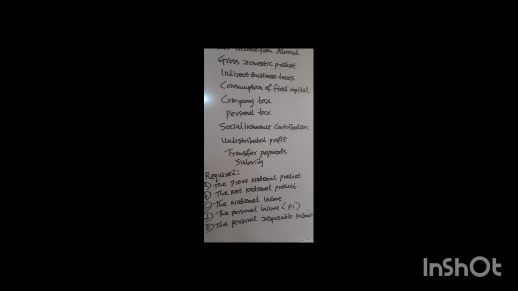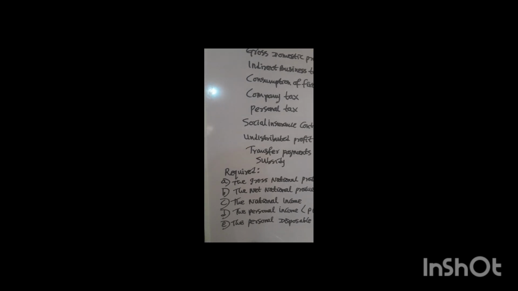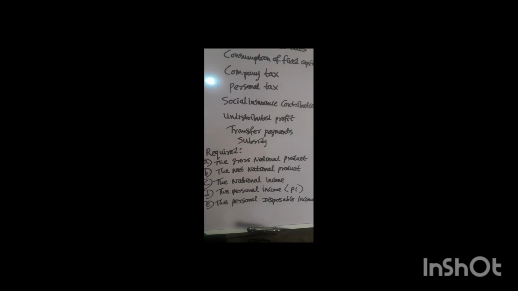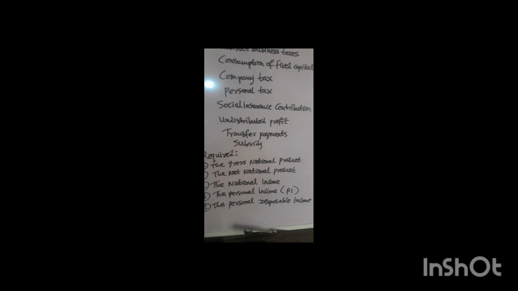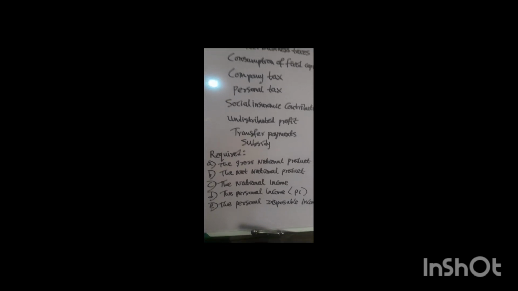We proceed to the question. The requirement is as follows. A, the gross national product. B, the net national product, NNP. C, the national income.